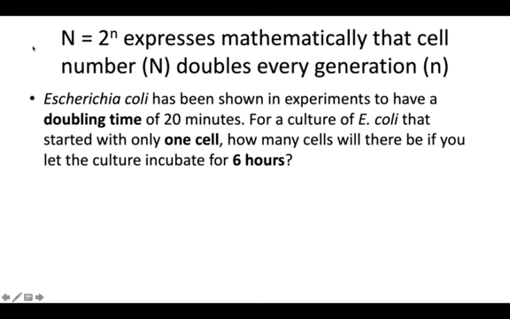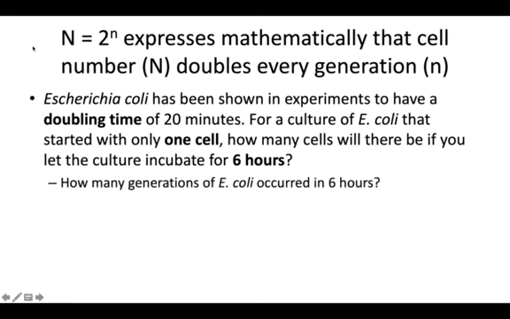So you're going to have 3 generations per hour, okay? They're replicating every 20 minutes, and they're 20, 40, 60 minutes. So 3 generations within an hour. And we have 6 hours, so you'll be multiplying 3 by 6, okay?